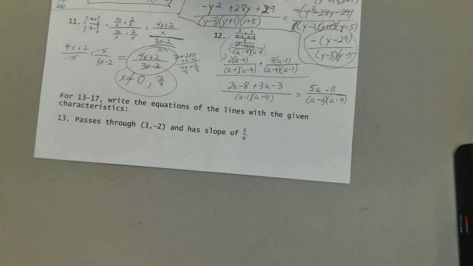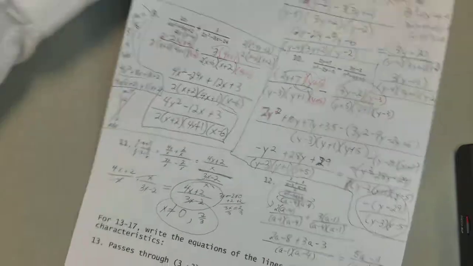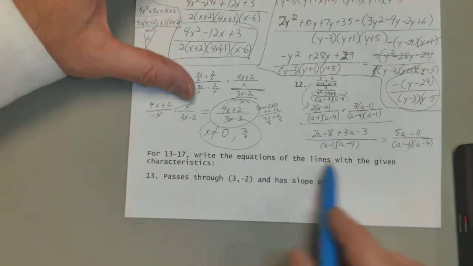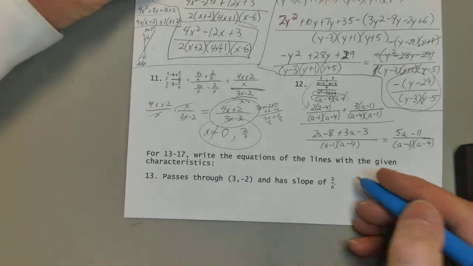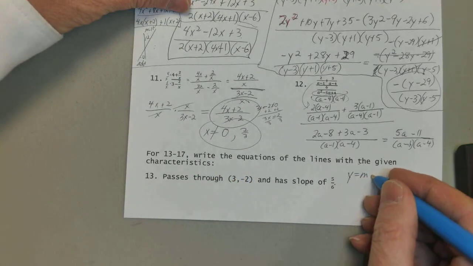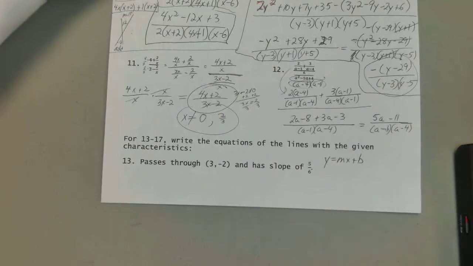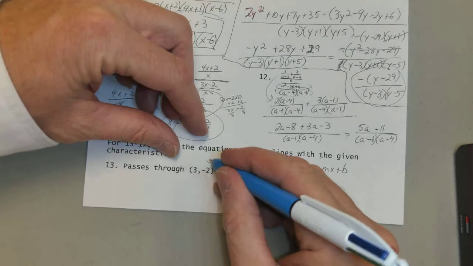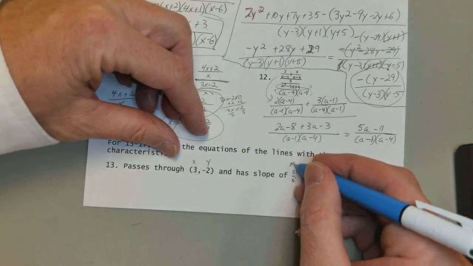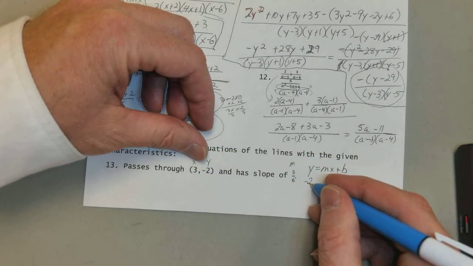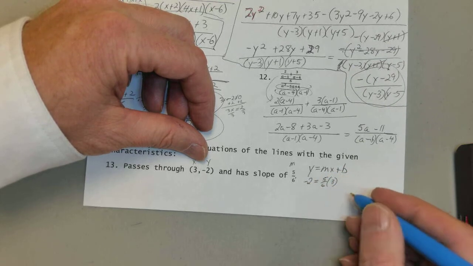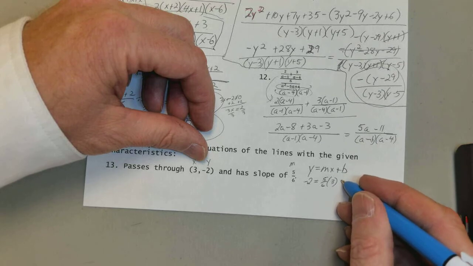All right. Now let's get to the line stuff that we just finished with. Okay, we're writing the equations of lines with these given characteristics. Y equals mx plus b is slope-intercept form. The y coordinates here, the x coordinates here, the m value is here. So let's just put everything in. I got negative 2 equals 5/6 times 3 plus b.